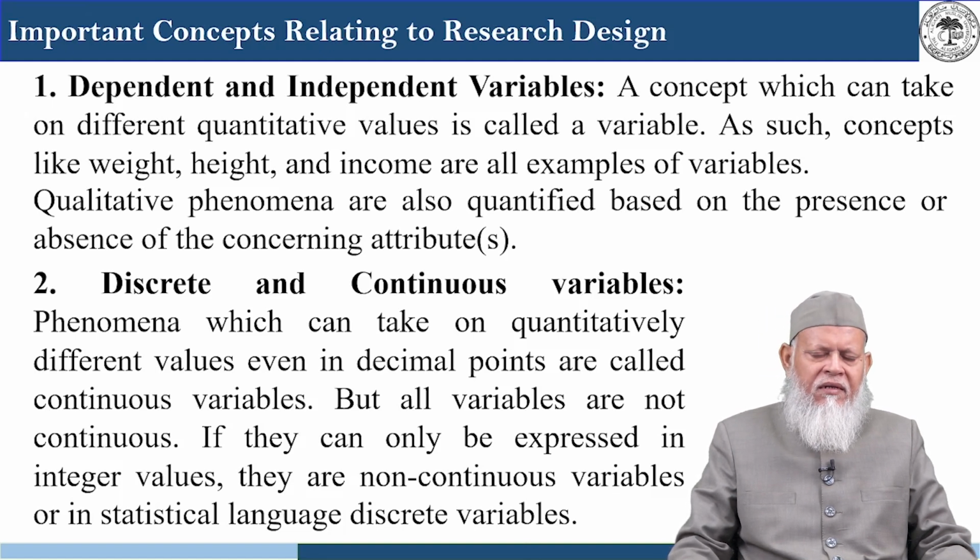So here income is the independent variable, whereas consumption is the dependent variable. I wish everything is clear to us.